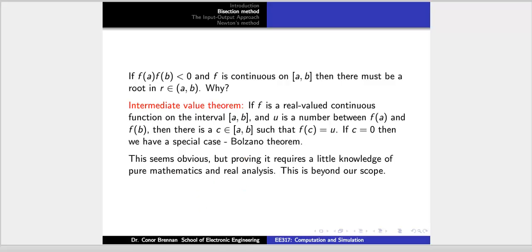You've got to be a little bit careful about how you apply the bisection method, because if this interval AB is very, very long, and this criterion holds, then you've got to be a little bit suspicious that maybe there isn't just a single root, there may be many roots. So ideally, we would like this criterion to hold and the interval AB to be quite small. If the interval AB is quite small, chances are there's only a single root.